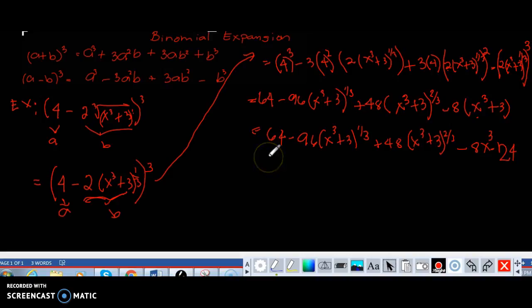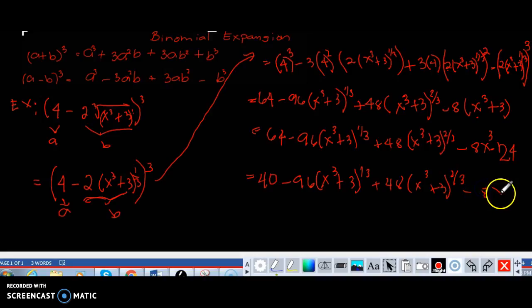Now simplify 64 and negative 24. Let's combine that. 64 minus 24 is 40. That and that are the only ones you can combine. Copy everything else: 96 x cubed plus 3 to the power of 1/3 plus 48 x cubed plus 3 to the power of 2/3 minus 8x cubed. This is your simplified form.